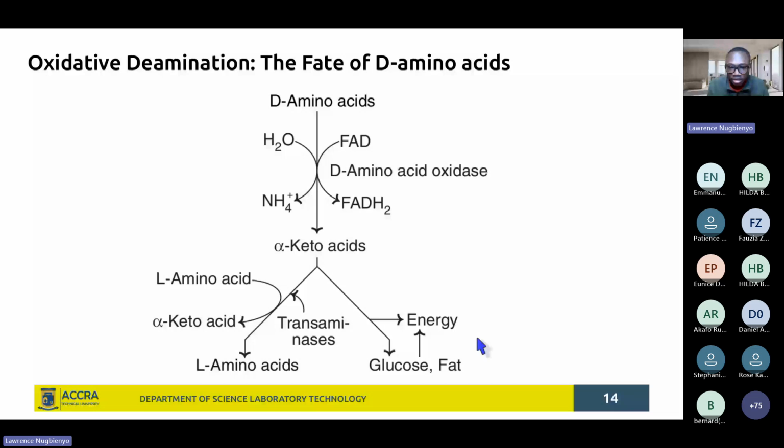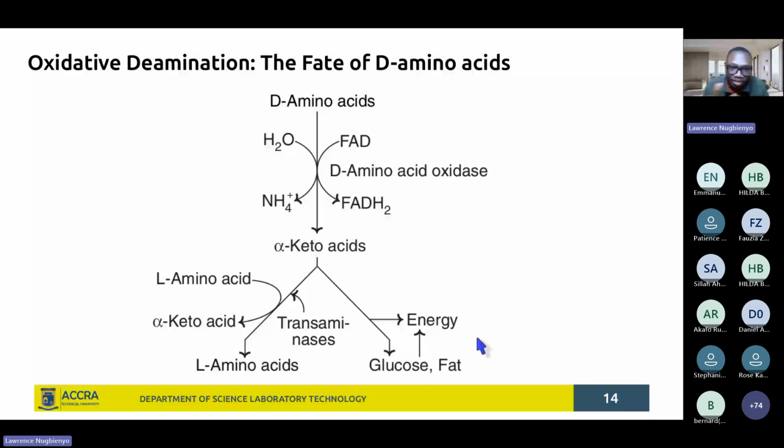L-amino acids are the active form that switches on a certain function, whilst D-amino acids switch off, because they are an inactive form. I also mentioned that in the metabolism of amino acids, D-amino acids, which a lot of times can be gotten from diet, from plants, are converted into L-amino acids before they undergo further processes.